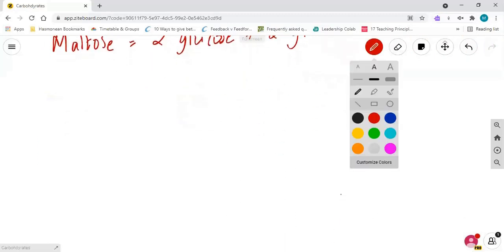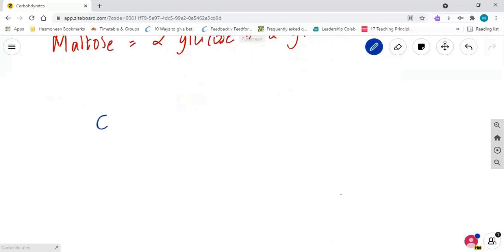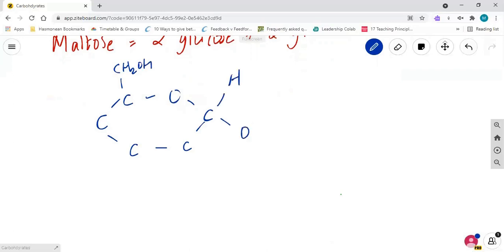So let's draw them out and join them up. I'm going to draw an alpha glucose. I'm not going to draw everything in it because it's just going to make it really complicated. I'm going to concentrate on the H and OH on the end of carbon number 1 and carbon number 4.